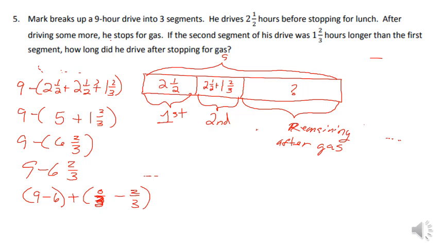Now, when we subtract this, we got 3 plus, but now we know that we cannot subtract 2 from 0 thirds. So we're going to regroup. It becomes a 2. And since it's in thirds, we're going to make this one 3 thirds. And we're going to carry it over. Since it's 0, it's just going to be 3 thirds minus 2 thirds. And we'll end up with 1 third. So we end up with a total of 2 1/3 remaining.